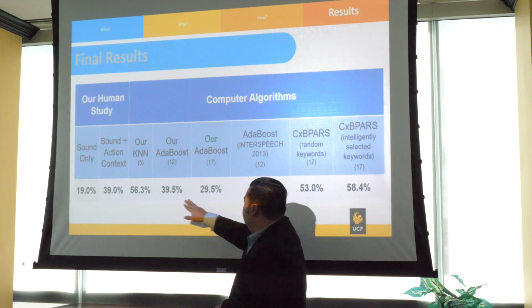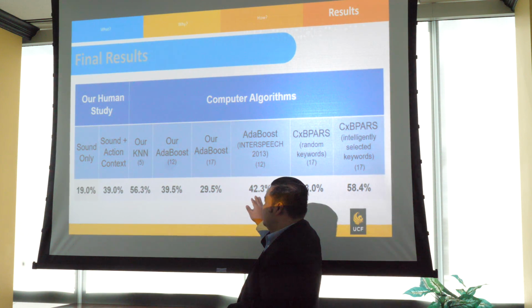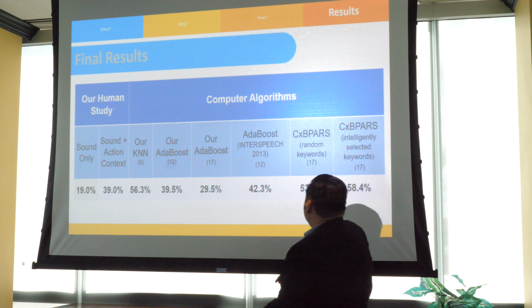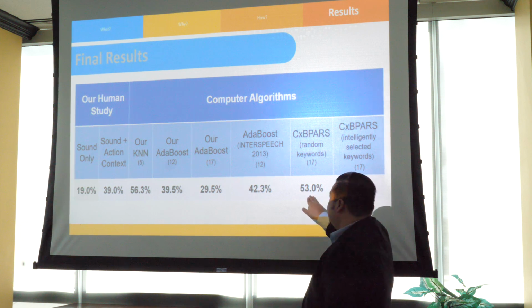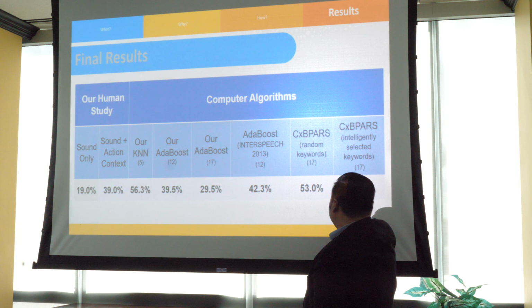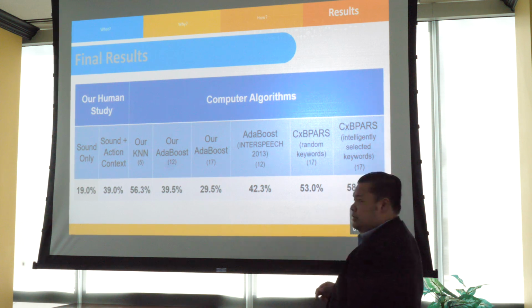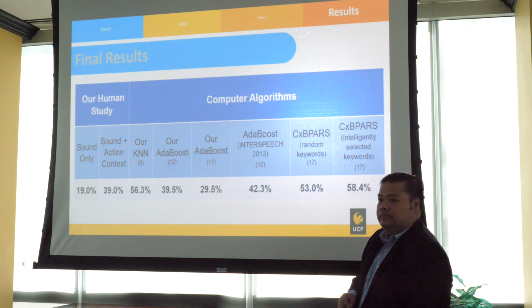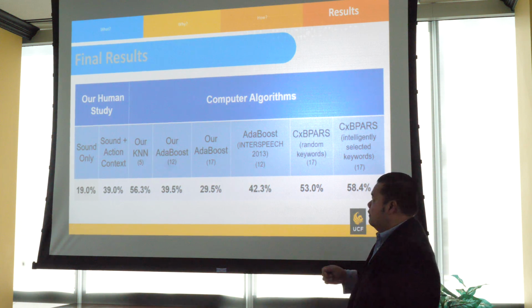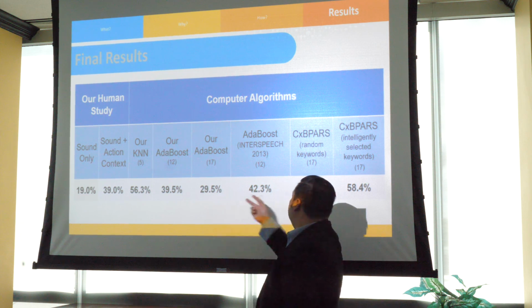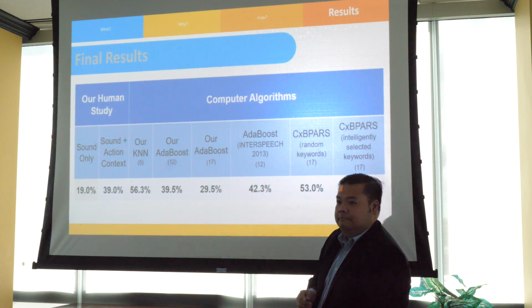So we're comparing 39 to 42.3%, maybe a 2.8 percentage point difference. Then using our CXB parse with random keywords, we got this accuracy, and with intelligently selected keywords, in phase 4 of the experiment, we got 58.4% accuracy. So our system was able to improve from 29 to 53%.